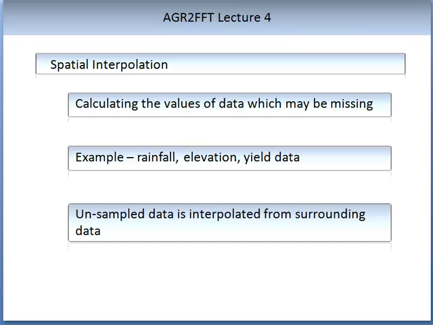So in GIS we tend to fall back on a technique called spatial interpolation. There are many methods for this, but they all calculate the values of data which may be missing. Most commonly, they calculate the values of data taking information from the surrounding data. This, of course, sets presumptions.